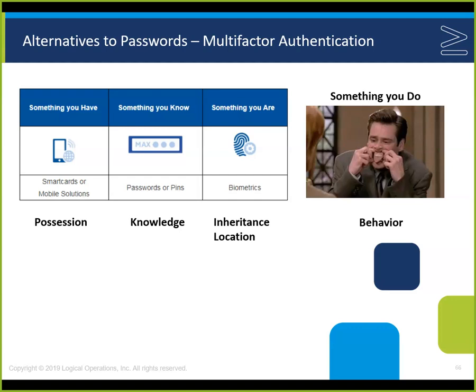So we've added a couple of elements to that, from the something we know, username and password, something we have, smart card, or something we are, fingerprint scan, iris scan, different biometrics that are available.